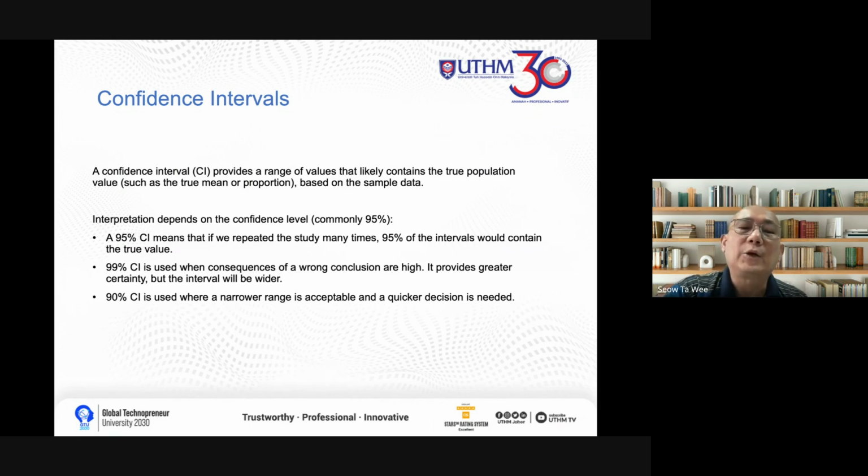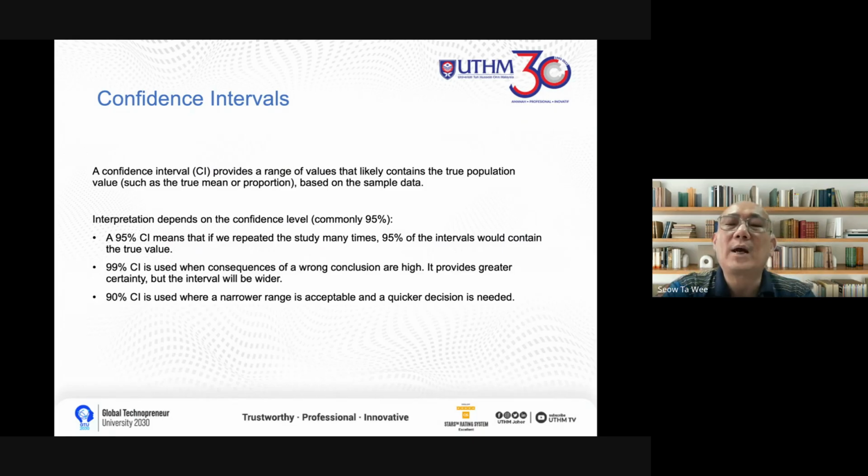If you put 99% as the CI value, it is used when the consequences of a wrong conclusion are high. It provides the greatest certainty, but the interval will be wider. The other option is smaller, commonly about 90%. A 90% CI is used when a narrower range is accepted and a quick decision is needed.